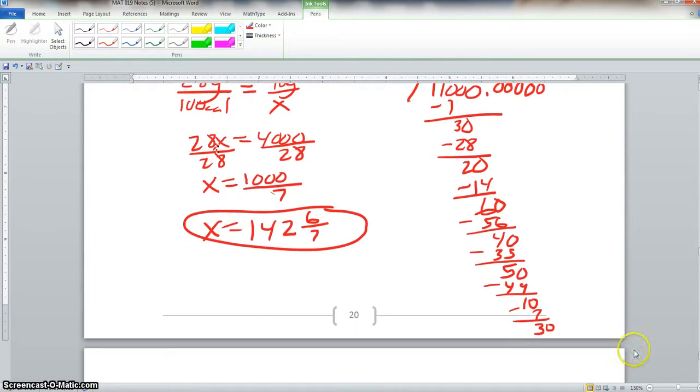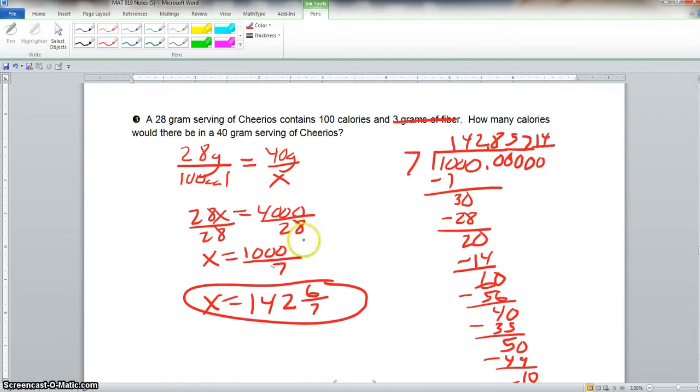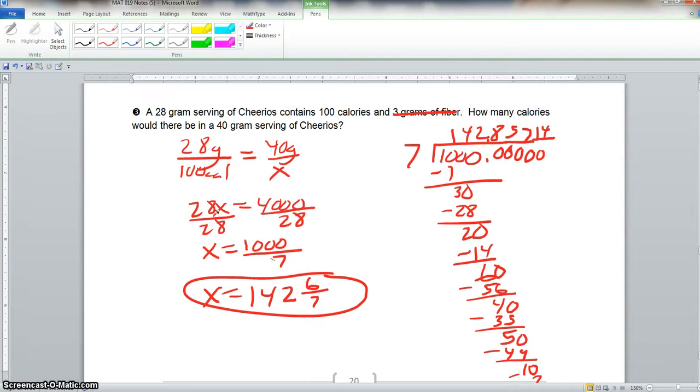Okay, I'm going to have to scroll this down. And we will have 2 remaining. Now listen, before I go on, if you notice here, when we had 30, we did 4, which gave us 28, 2 remaining, and then we ended up with this value here. Now I will continue on up here just to show this.